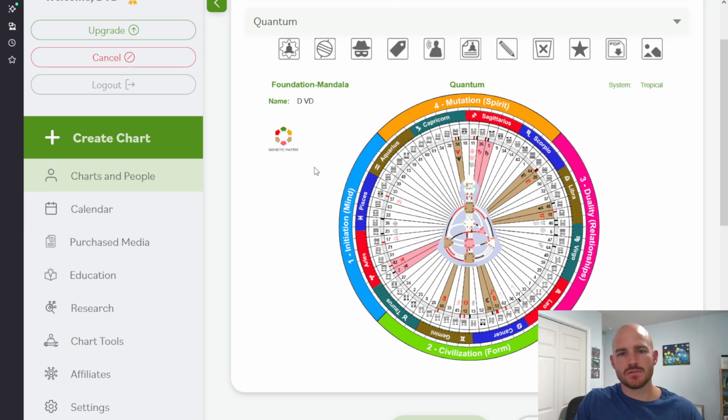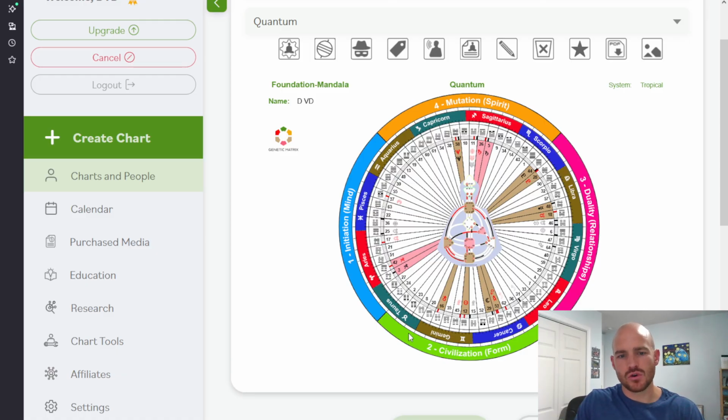But for this, I have the Rave Mandala up here, and this covers a lot of these different schools of thought. So we have our astrological wheel. Let's ignore the different quarters that we have here for now; we'll get into that later.